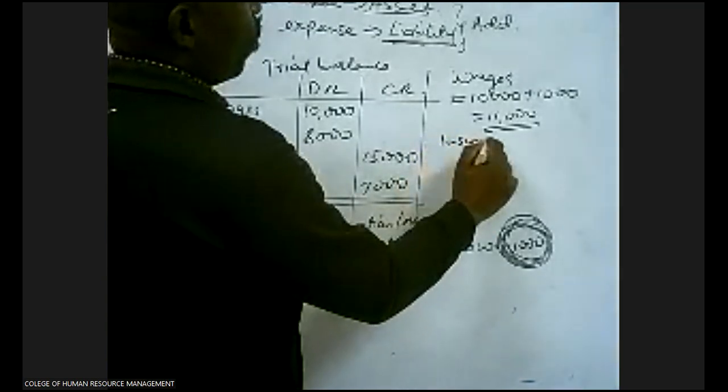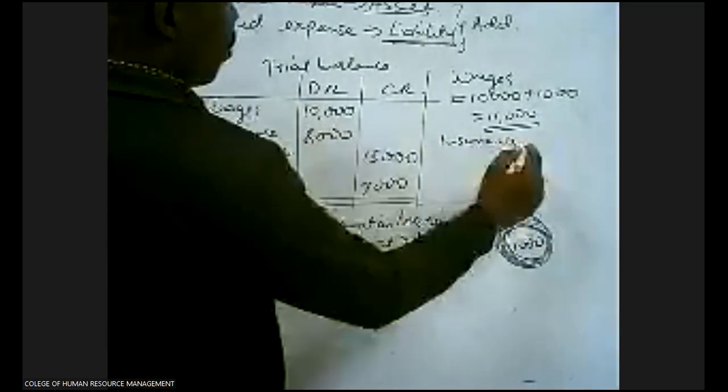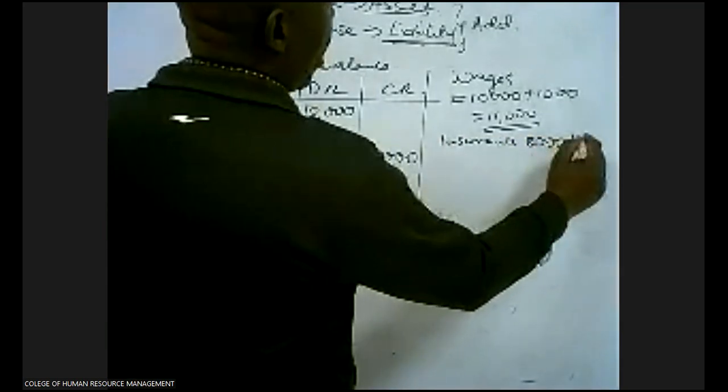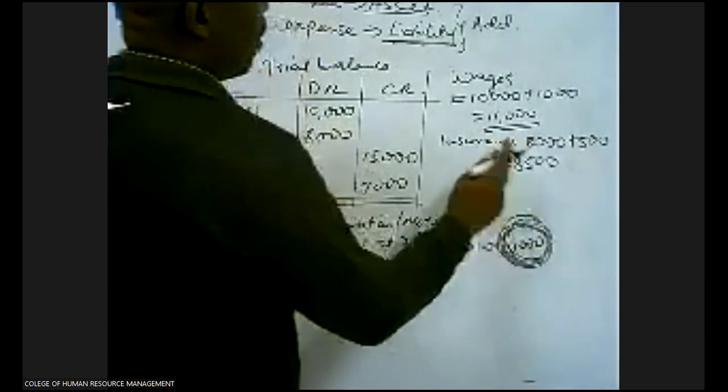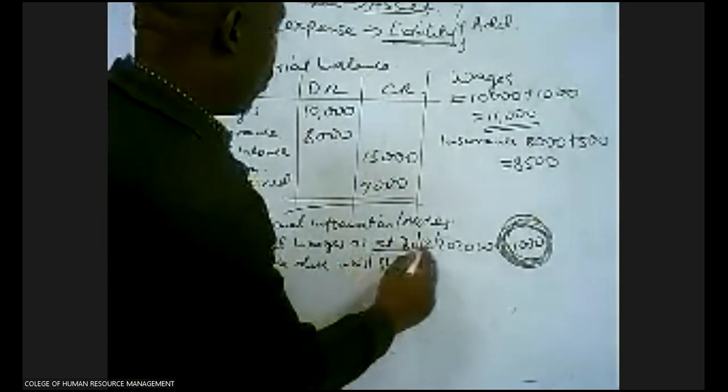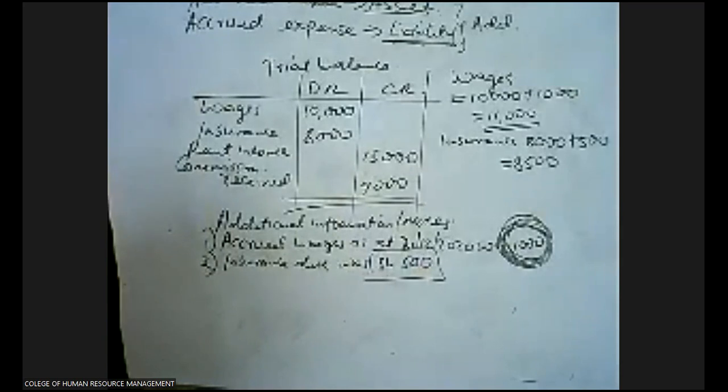The insurance that was paid was 8,000. What we are going to capture in the income statement as insurance expense will be the amount that was paid, which is 8,000. You add the 500 not yet paid, and we shall consider 8,500 as the insurance expense. And then this 500 will be a liability because it is the money that we are yet to pay. It is going to be a liability to us.